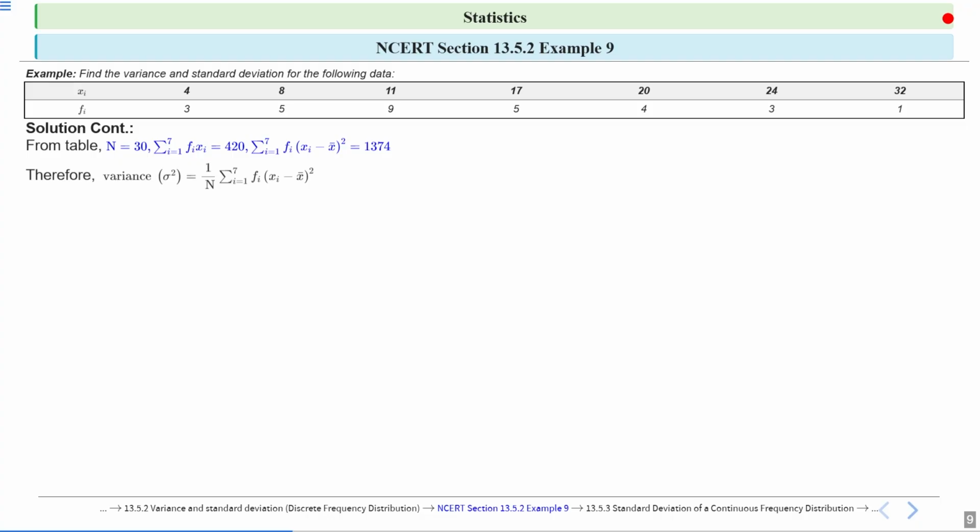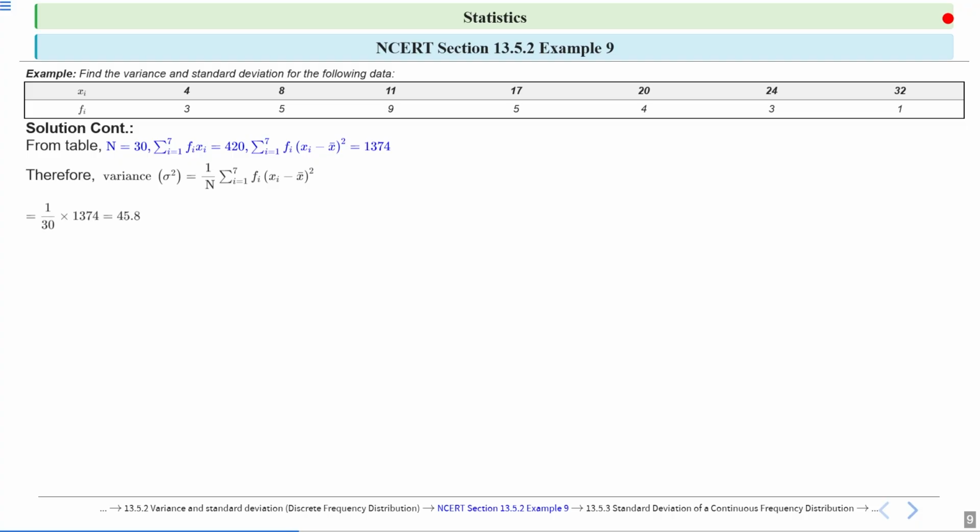Now let's recall the formula for variance in a frequency distribution. The variance, written as sigma squared, is equal to 1 divided by n times the sum of fi times xi minus x bar whole squared from i equal to 1 to 7.